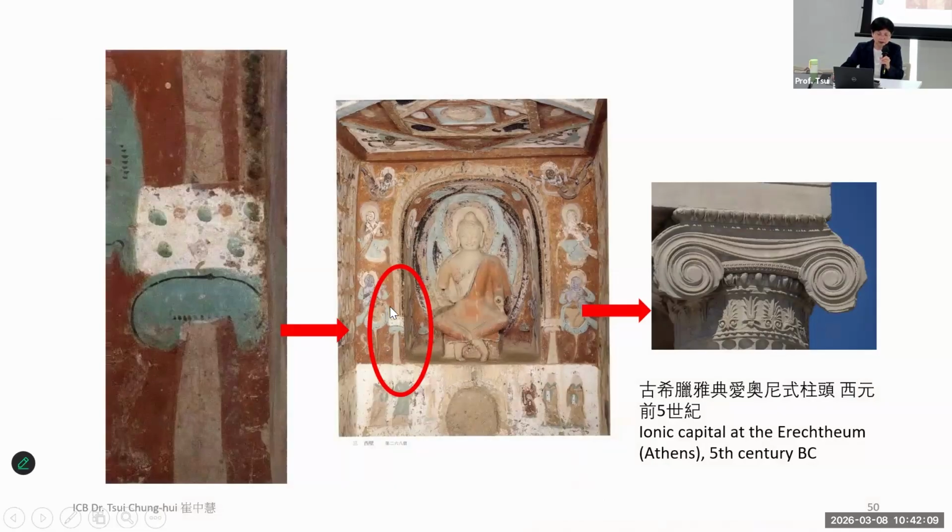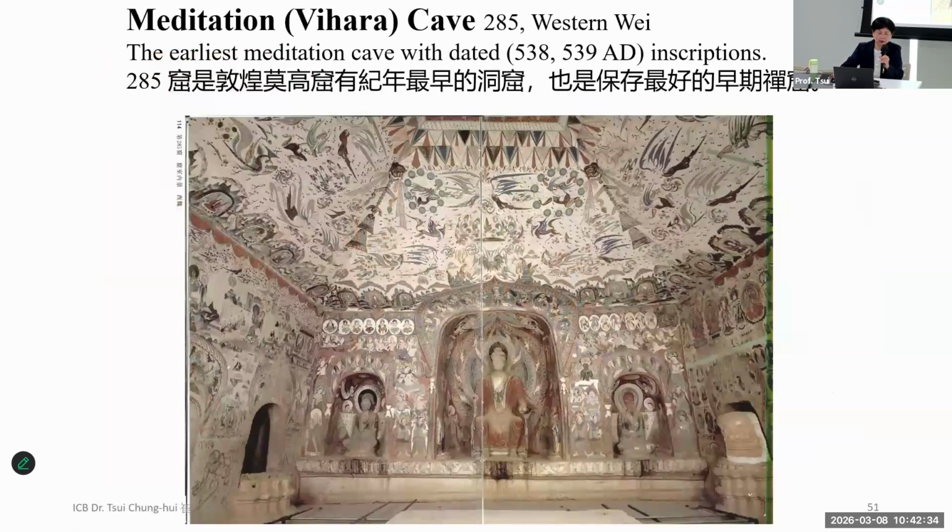So we can see the architectural element received influence from the Ionic architecture style. So this is also one ancient Greco-Roman influence in Dunhuang. So we trace back several elements from different regions.